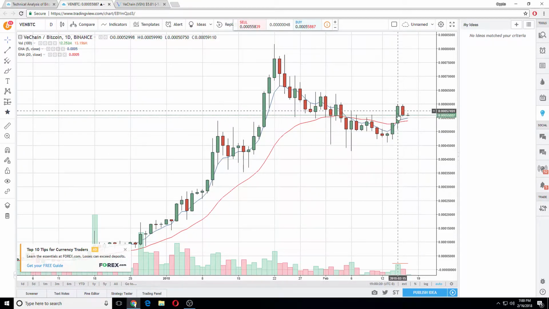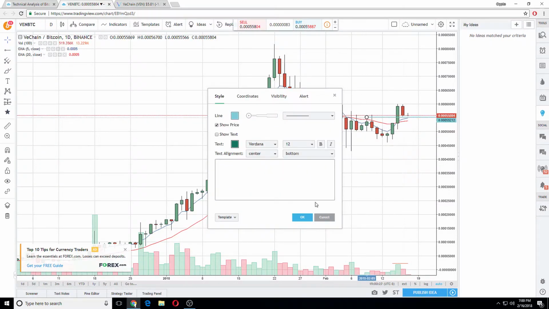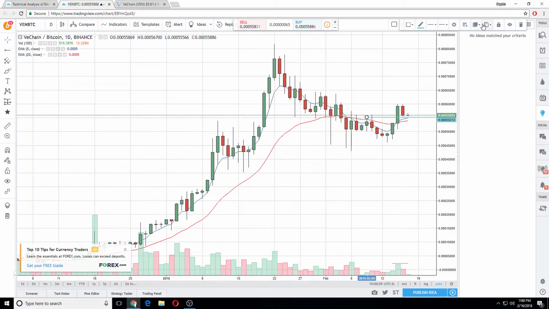But you have to see if this level holds. Let's make this screen a little bit fatter. We have to make sure this thing holds. If it goes below the 2 lines, then it doesn't hold. These 2 candles don't look that great, but 1, 2, 3 looks great.